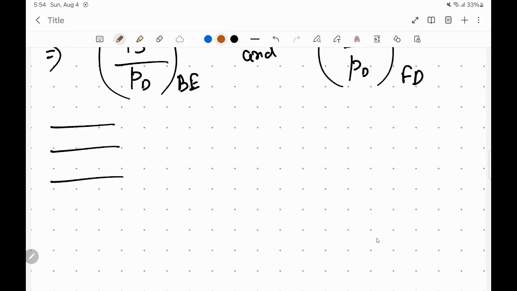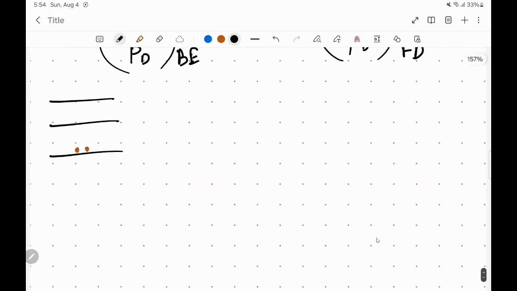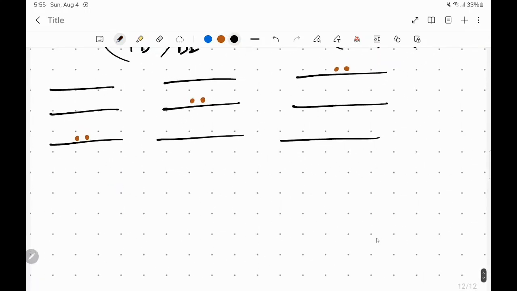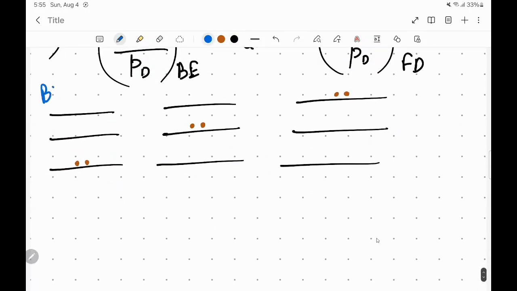So what will be the number of arrangements for the Bose-Einstein case? Let's say two particles may be in one level, or this is another combination. We just find out the number of arrangements. We are now considering first the Bose-Einstein.